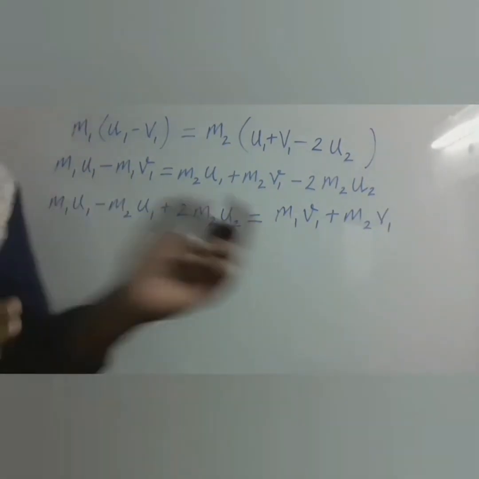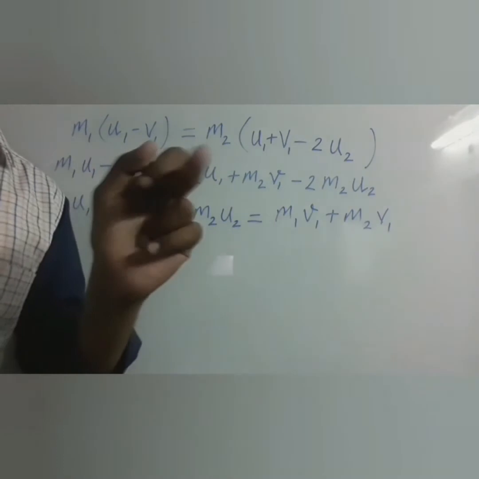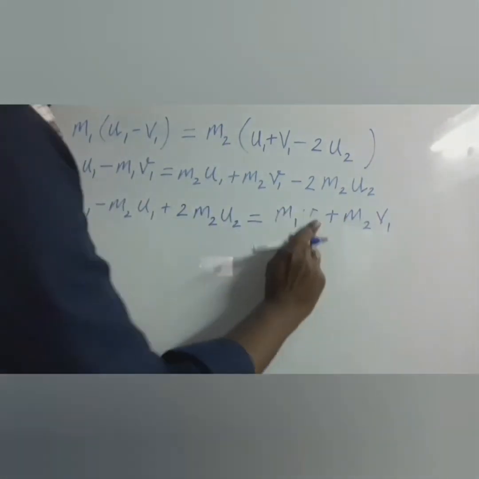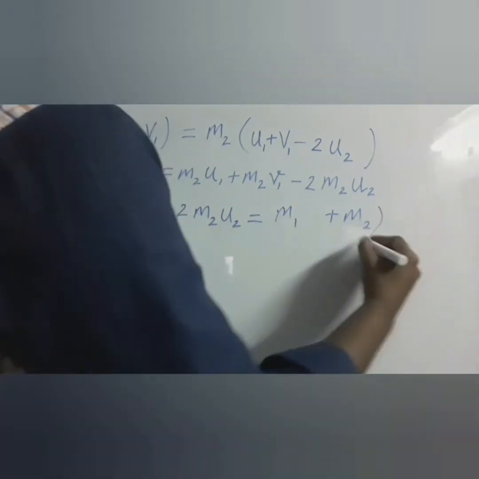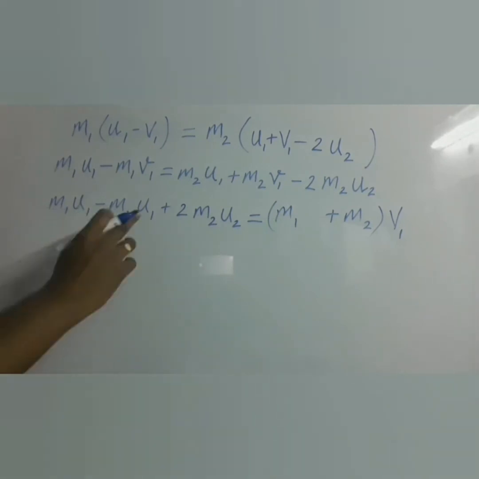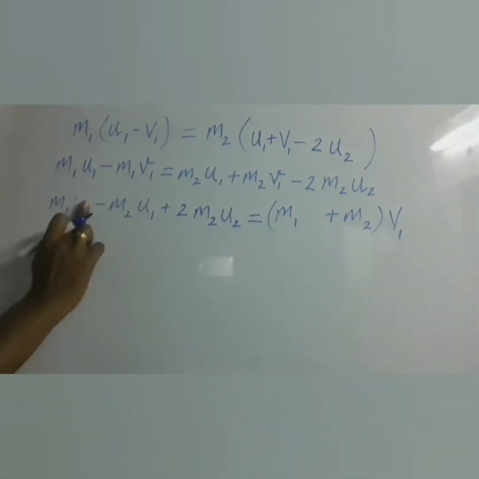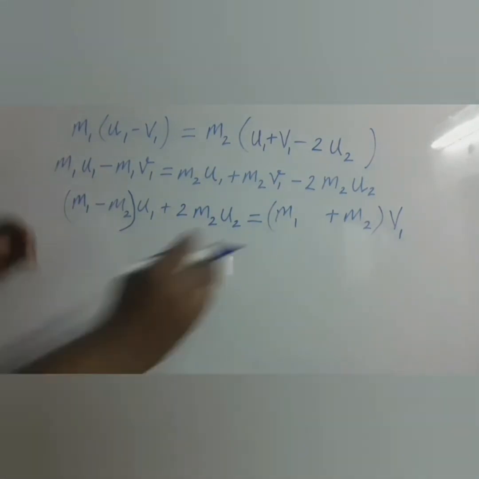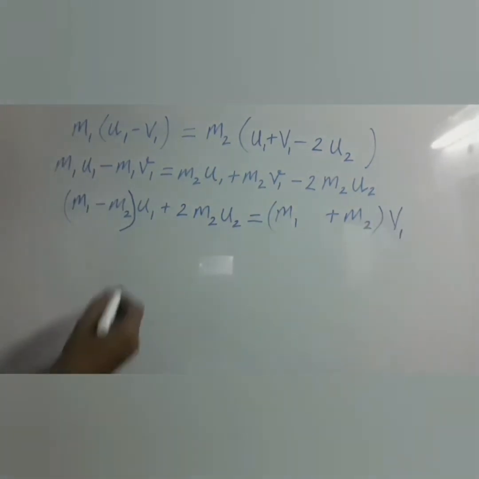Now you can clearly understand, easily we can find the final velocity of the first object. So V1 can be taken outside. On the left side, U1 is a common thing that can be taken outside, so we write M1 minus M2 times U1. Now easily we can find the value of V1.